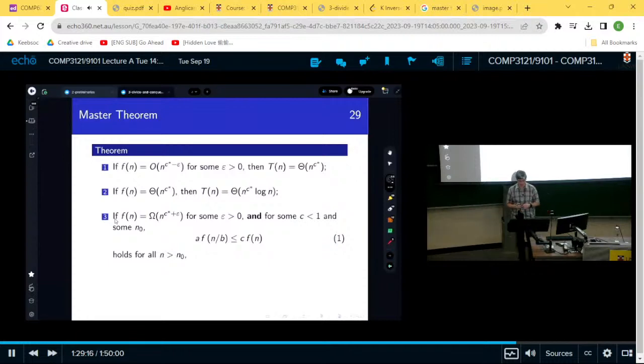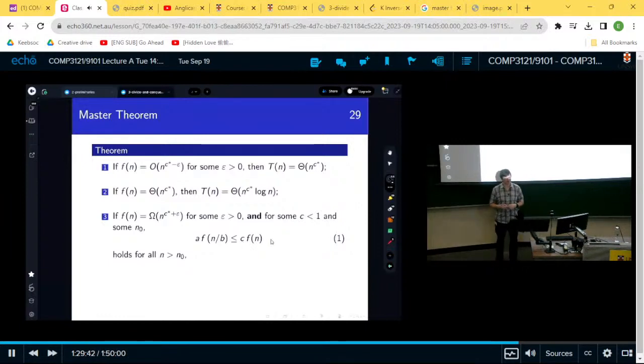There's one condition that needs to hold. It needs to be true that for some c smaller than 1, and starting from some instance size n0 onwards, we have that a times f(n/b) is at most c times f(n).